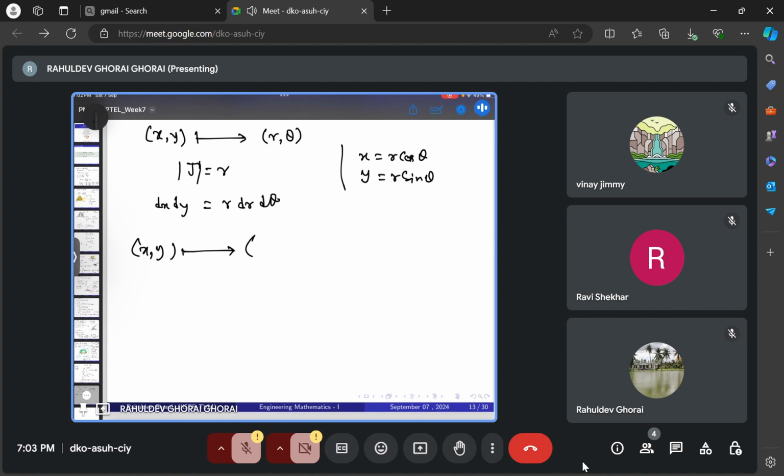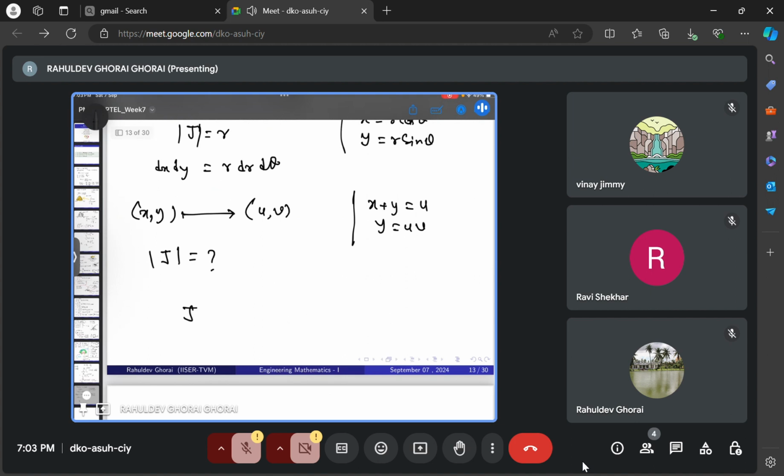Let's say you are going from xy to uv, and your x plus y is equal to u and y is equal to uv. Then what will the Jacobian value be?